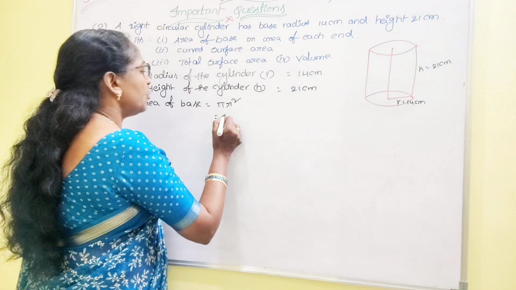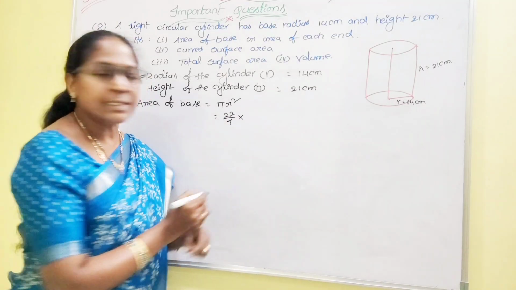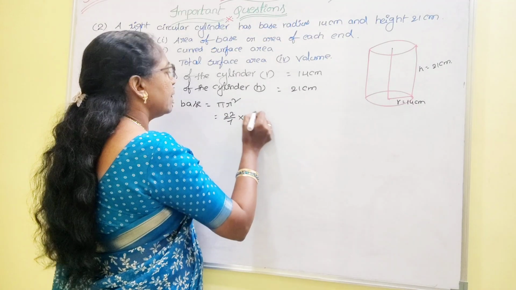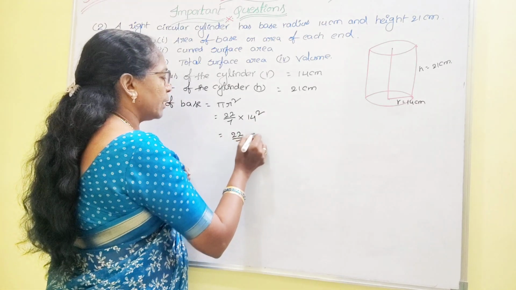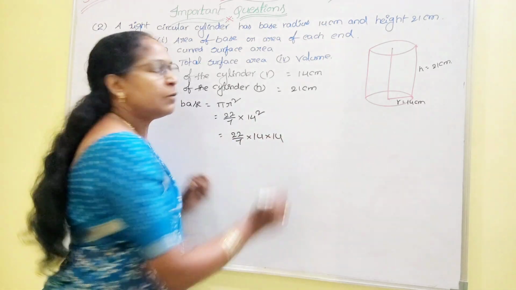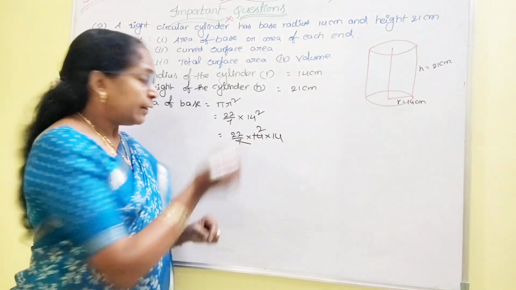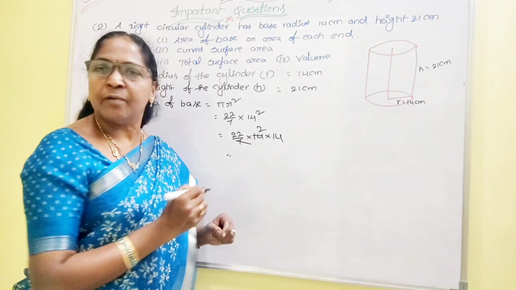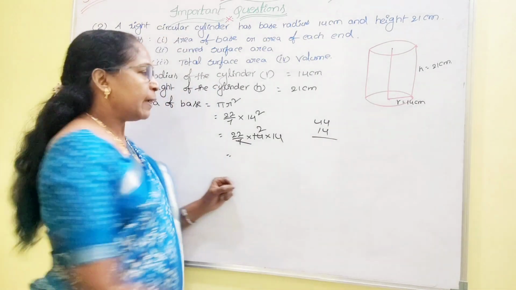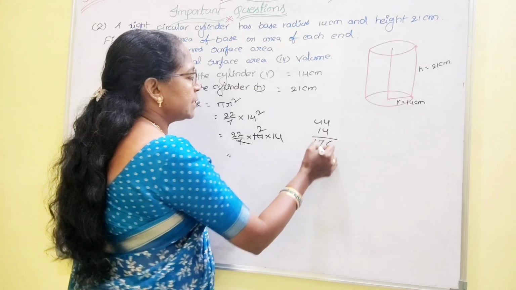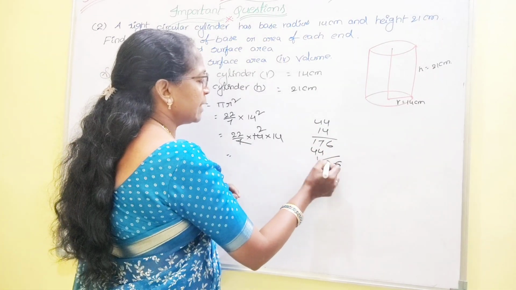So here, 22 by 7 into r, where r equals 14 centimeters. So r square is there. First you write 14 square, then 22 by 7 into 14 into 14. Now 7 into 14 is 2 times. Now multiply 22 twos are 44. 44 into 14, just multiply. 4 fours are 16, again 4 fours are 16, 16 plus 1 is 17. 1 fours are 4, 1 fours are 4, so 616.